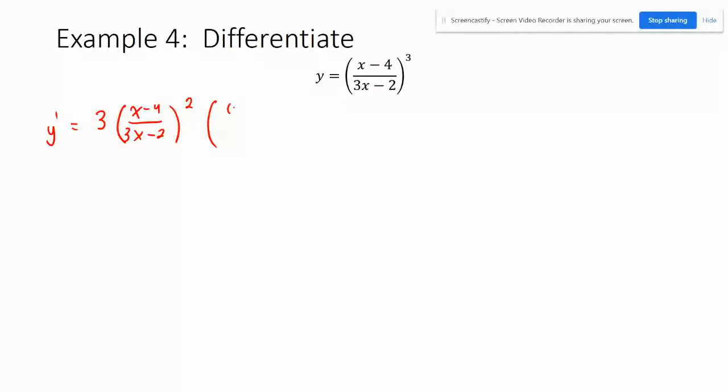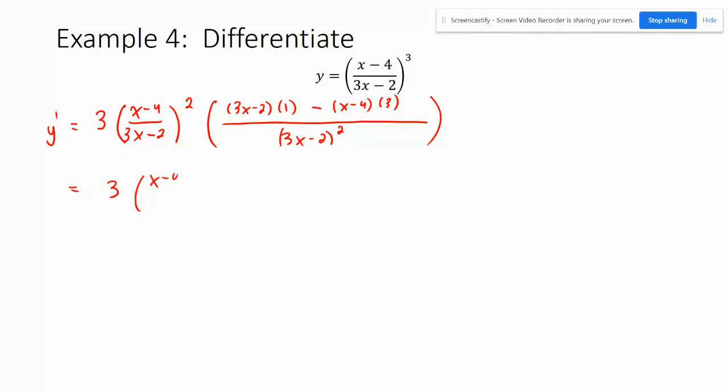Now, for the derivative of the inside, we have to use quotient rule. Bottom, top prime, minus top, bottom prime, over bottom squared. This is what I did here, guys.